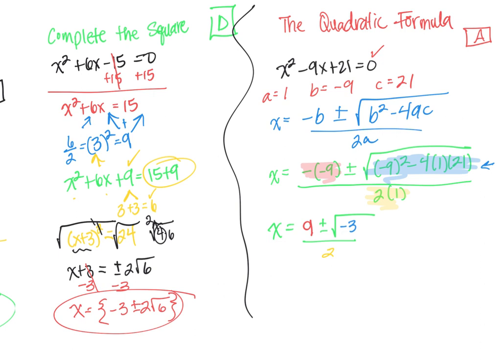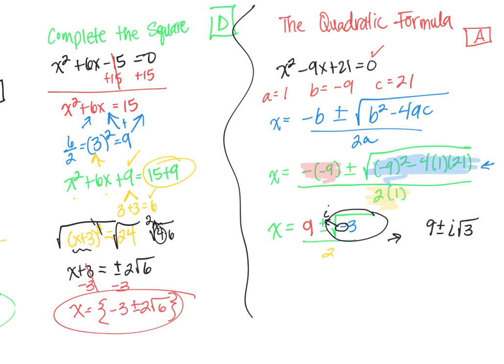So what we have here, we have a little problem. We can't take the square root of a negative, so this negative gets pulled out of the radical as an i. We're going to rewrite this now as 9 plus or minus i, and the square root of 3 has nothing we can take out of it, so it just stays square root of 3.